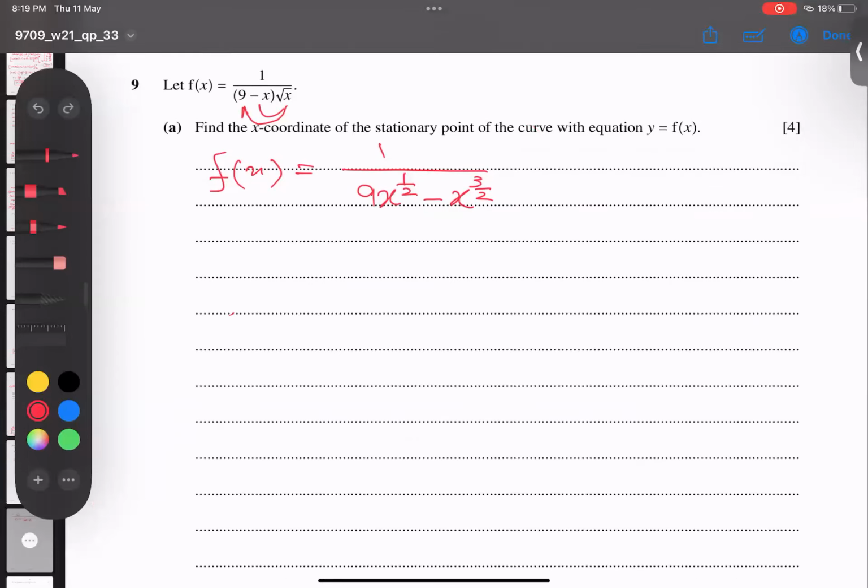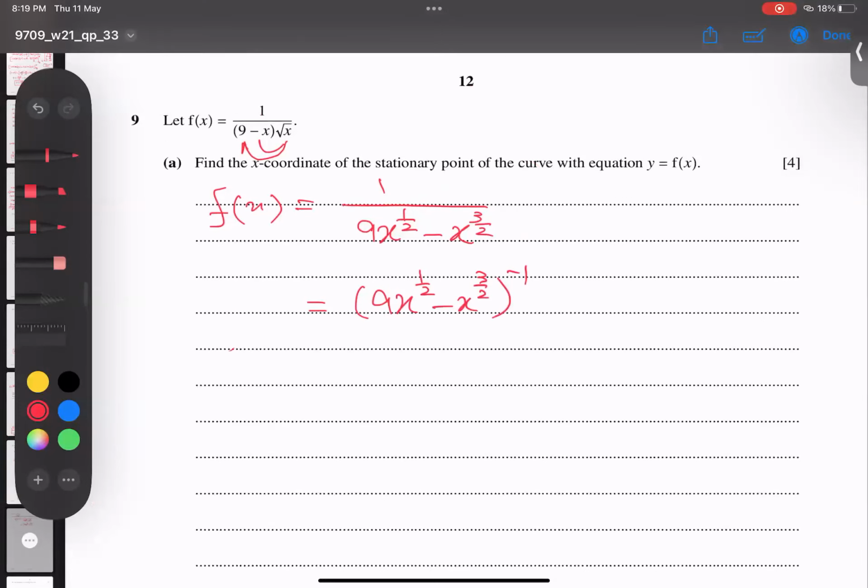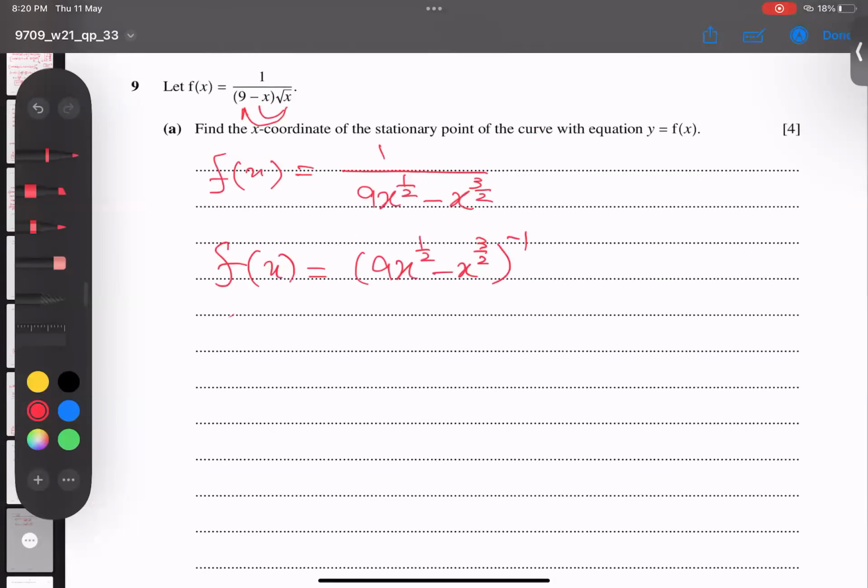And now I bring it in the numerator, like this. Okay, students, now I can find the differentiation. What is the basic criteria? The -1 comes down and the power becomes 1 less, becomes -2, and the base remains the same first of all.